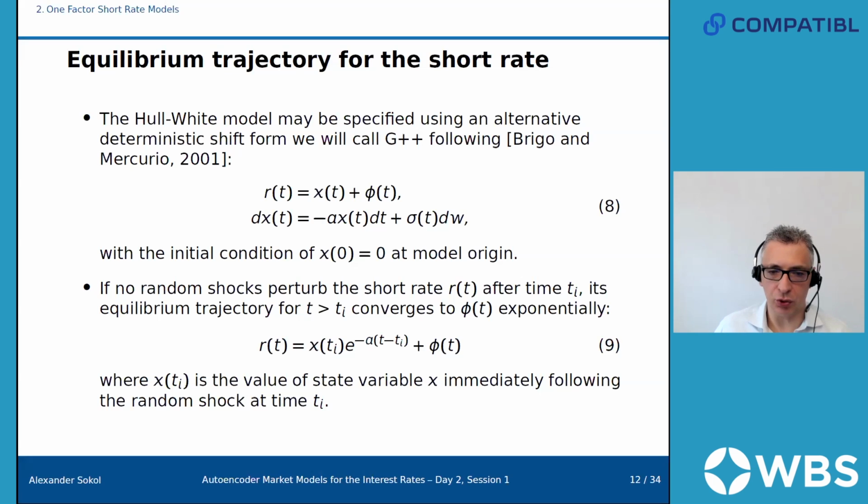After that, there are no shocks. In this case, the short rate will converge to phi(t) exponentially. So it will be whatever its initial deviation was, times the exponent, which depends on time. The term that depends on time here is phi(t), and this term is exactly exponential in t, because that one does not depend.